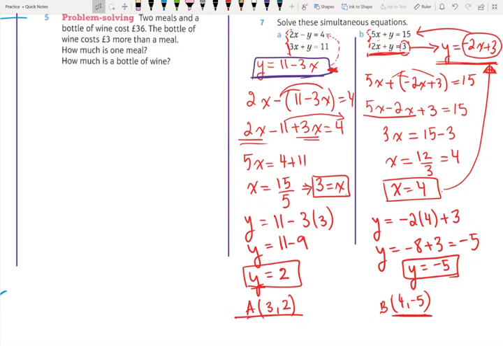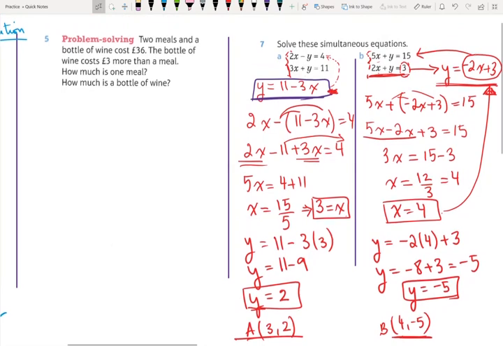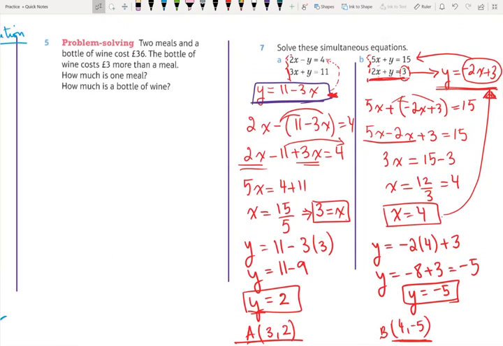We can also use simultaneous equations to solve word problems. So first, in this case, in number 5, we have a word problem. First, we need to write these equations, then we need to solve them.